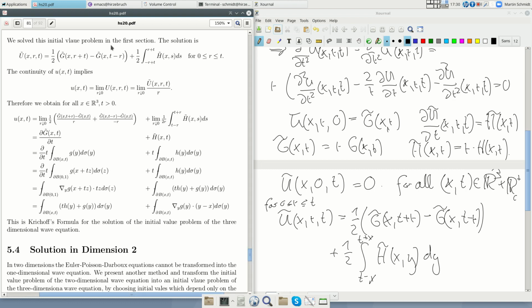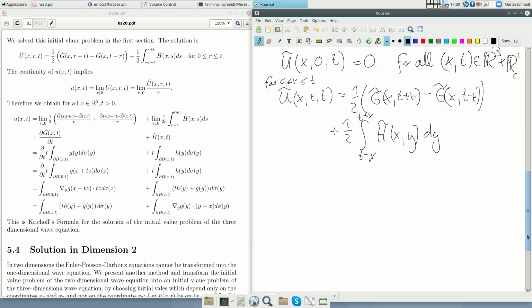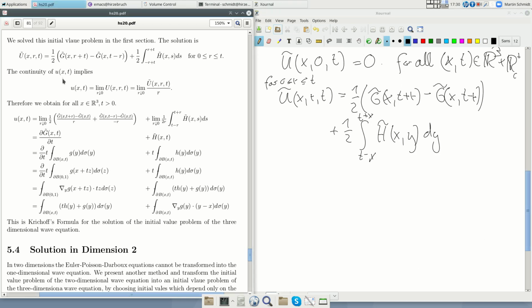So this is exactly this formula here. Now we use continuity, and of course we are interested in u of x and t.